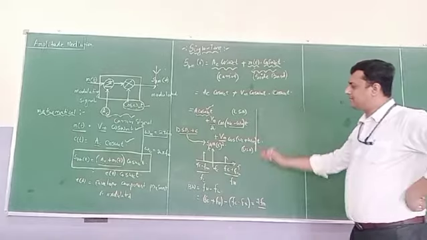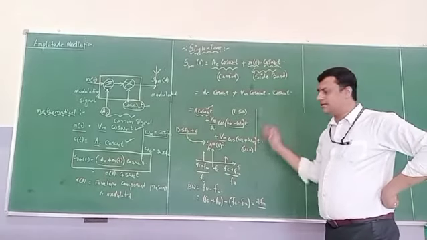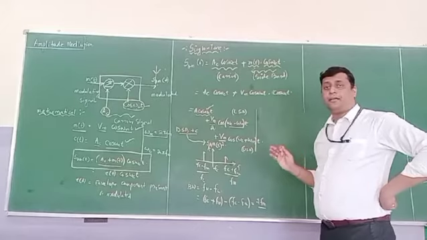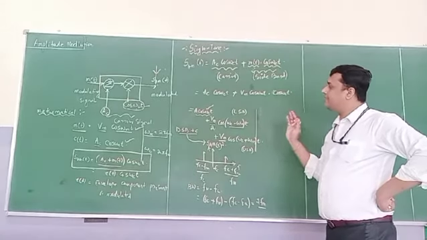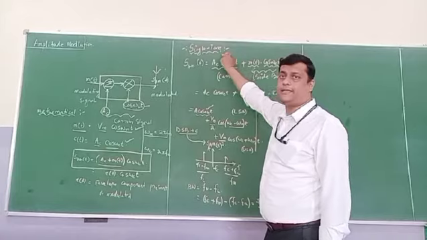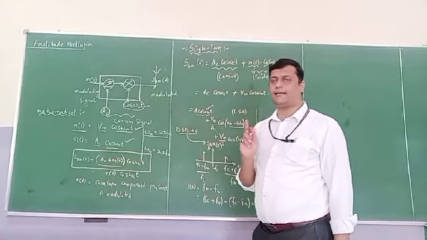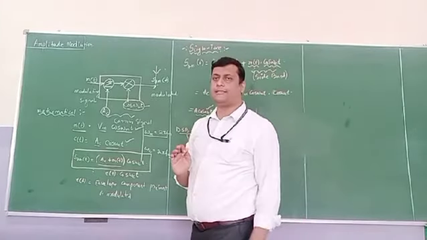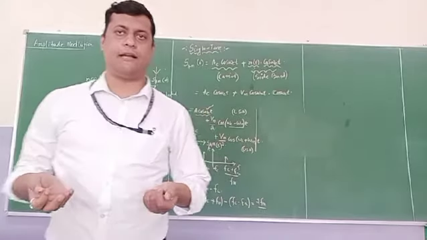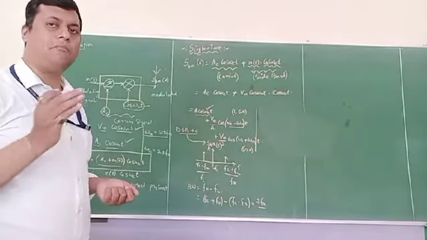Up to this it is a general representation of a DSB with carrier, that is called an AM signal, and that too a single tone. Single tone means only one single modulating frequency is available. If more than one modulating signal is available, it is a multi-tone signal.